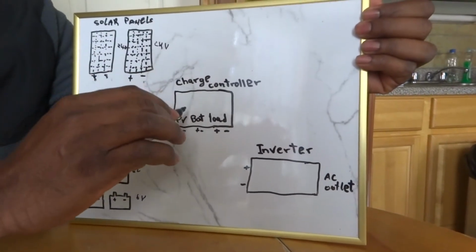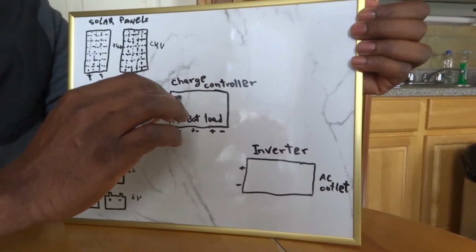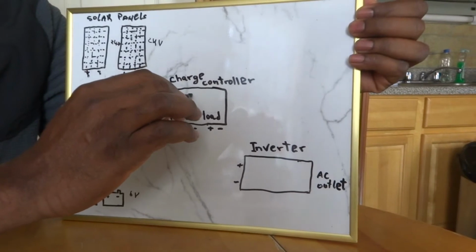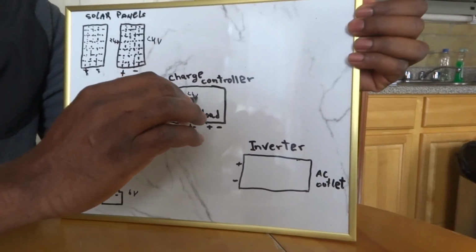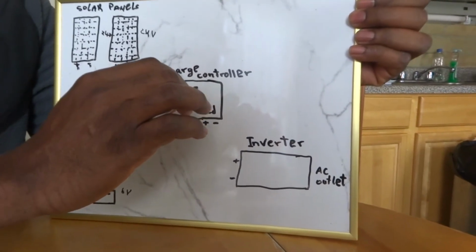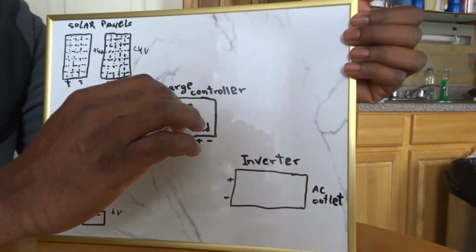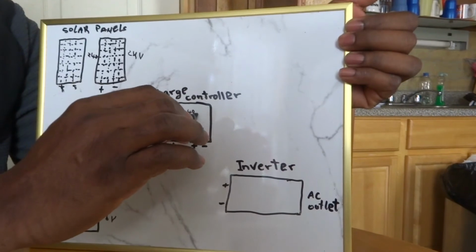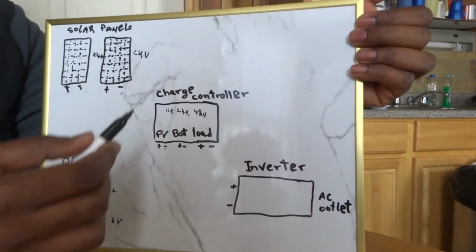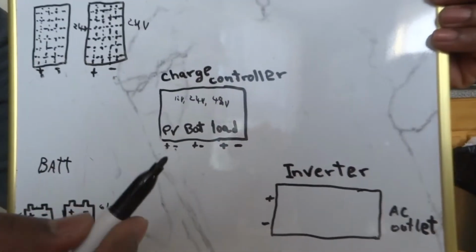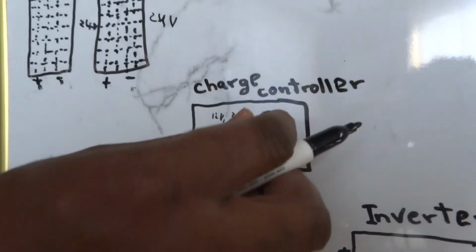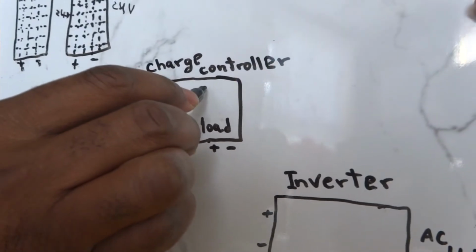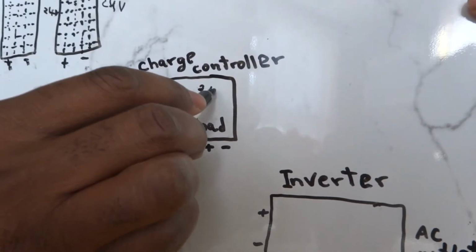Our charge controller supports 12 volts, 24 volts, for example, and let's say 48 volts, or 36, whatever you want. Let's use 36 volts.